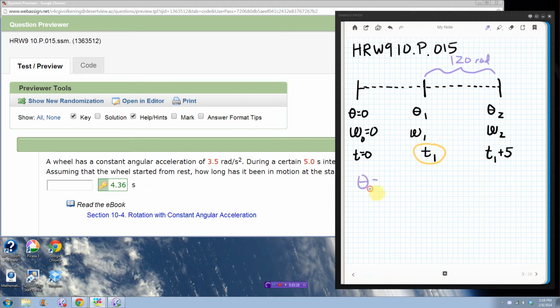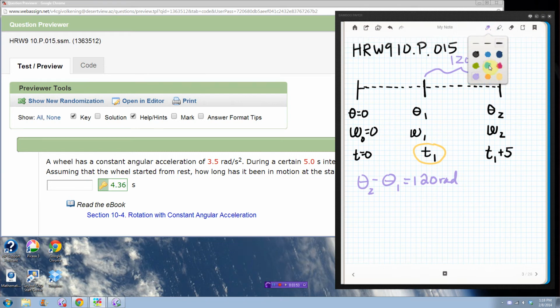Theta 2 minus theta 1 is going to give me 120 radians. Now, if I can find an equation for theta 1 and theta 2 and put them in this equation, that might give me something. Maybe it won't completely fix the problem, but it seems like a good idea because it's information that I know.